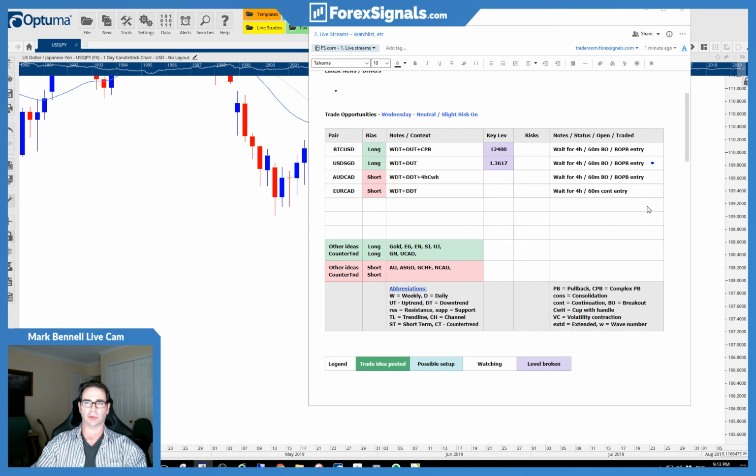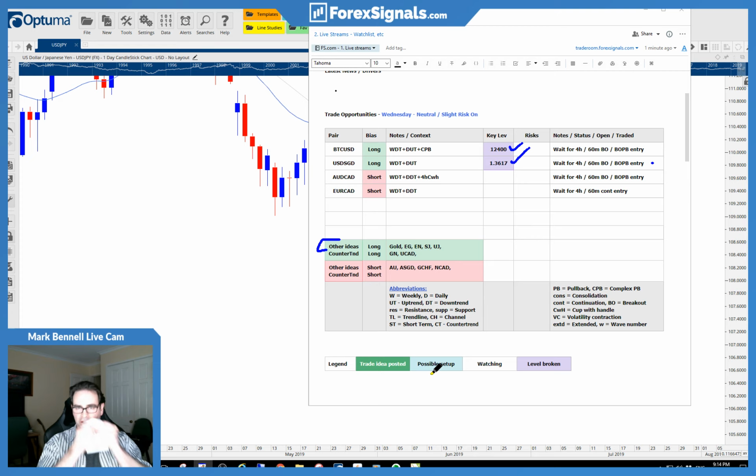So there's those two types. So short or long, and when it triggers, I highlight that in purple. Away we go. Then there's some other ideas that aren't setting up quite as good. They may be B grade trades, but they're still good.